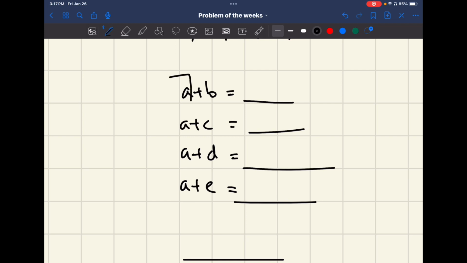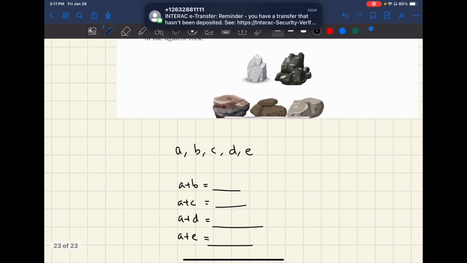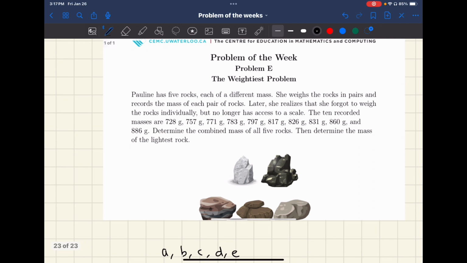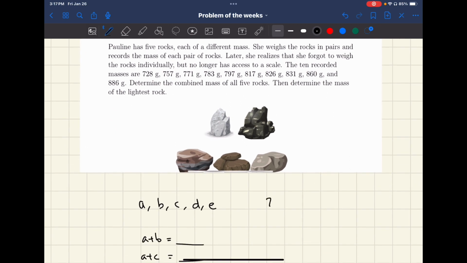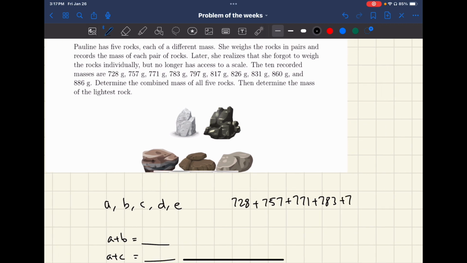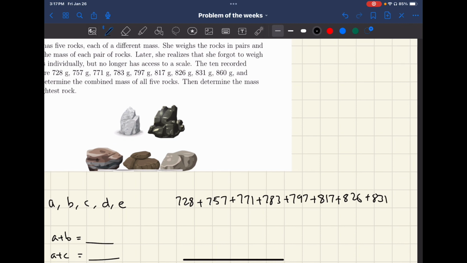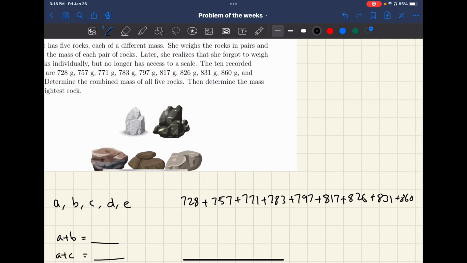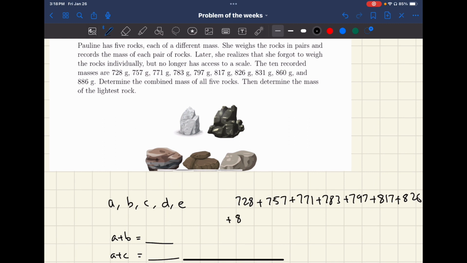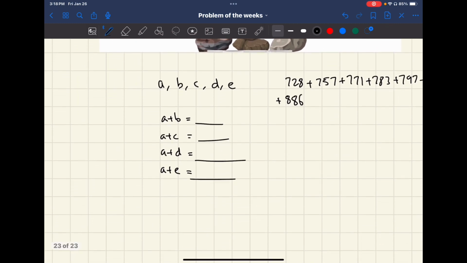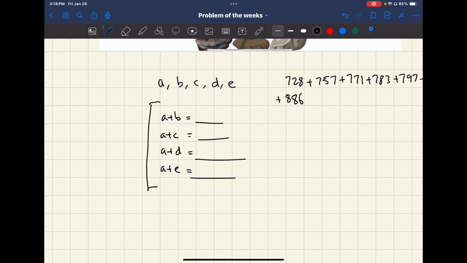So what we have to realize is that if we were to just add all of these masses together, so 728 plus 757 plus 771 plus 783 plus 797 plus 817 plus 826 plus 831 plus 860 plus 886, we are just adding all the different pairs.